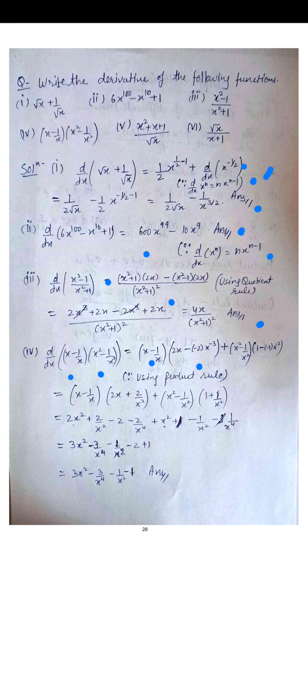The derivative of x square is 2x minus derivative of x raised to the power minus 2 is minus 2x to the power minus 2 minus 1, that is minus 3, plus second function into derivative of first. First function is x minus 1 upon x. Derivative of x is 1 and derivative of 1 upon x, that is x raised to the power minus 1, is minus 1 x raised to the power minus 2. By solving this we get the answer.